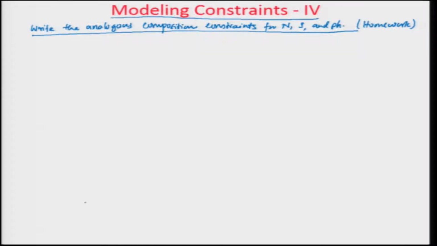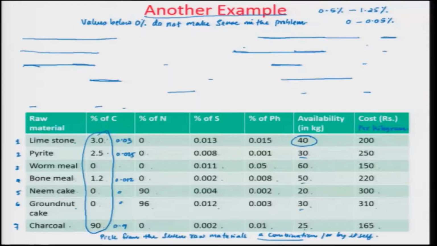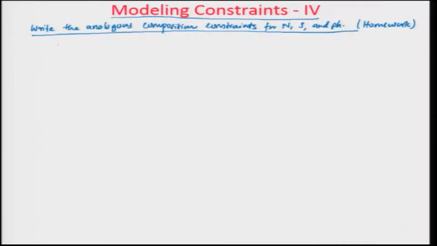case of nitrogen. So if we go back to the previous table, we can see that the percentage of nitrogen falls in this row. So if we use this, we can write this constraint as follows. We will write it the same way: 0 times x1 plus 0 times x2 plus 0 times x3 plus 0 times x4.